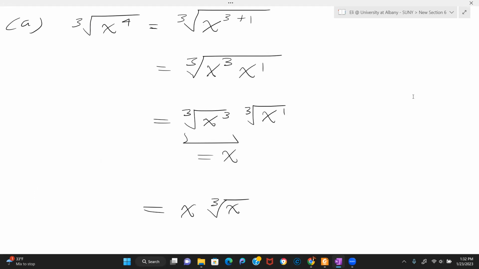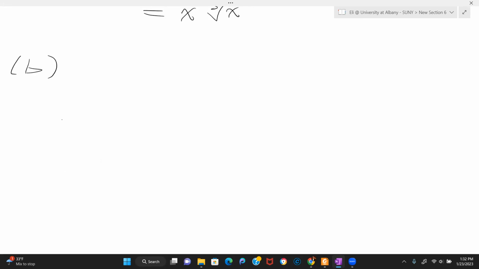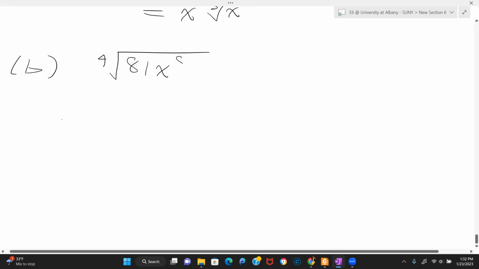Now let's look at part B. So now I'm going to take the fourth root of 81 x to the eighth times y to the fourth.